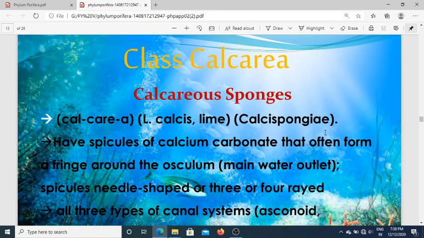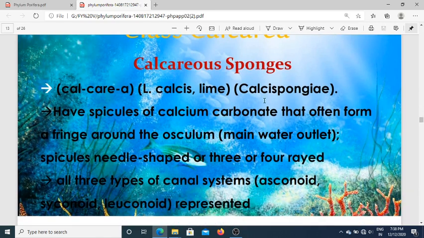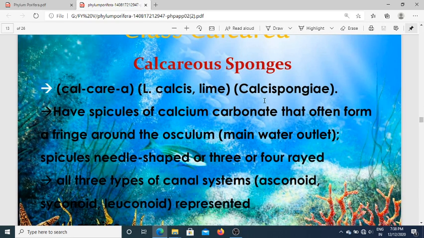The first class, the class Calcarea, is made up of the calcareous sponges. They have spicules of calcium carbonate that often form a fringe around the osculum, the main water outlet.